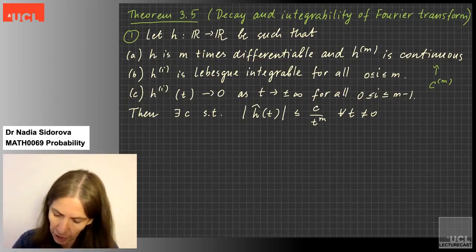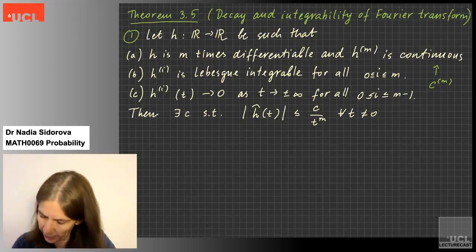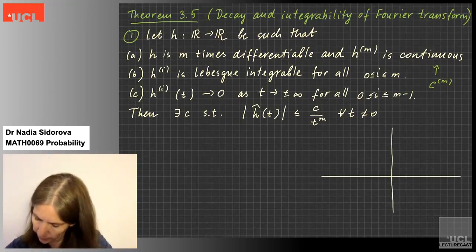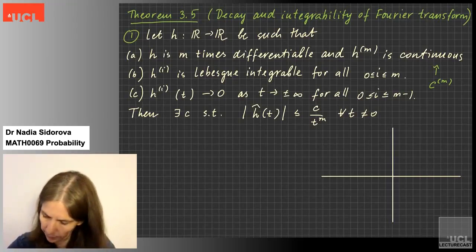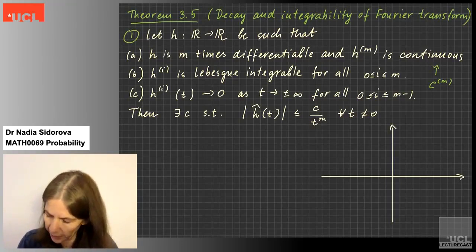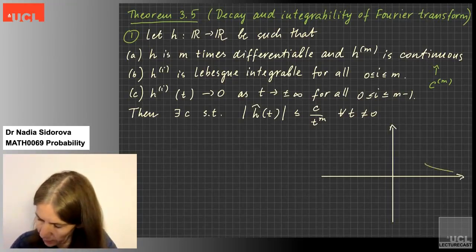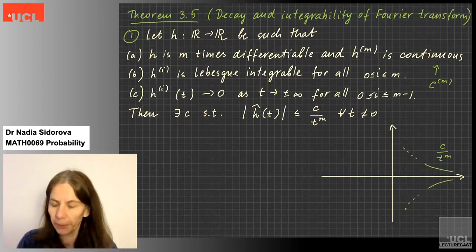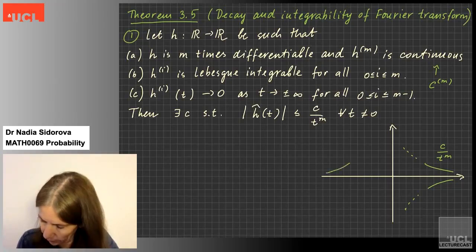So on the picture, it means something like this. We have our bound, which looks like c over t to the power m. I don't even want to draw it properly for small values of t, because it's not really helpful there.